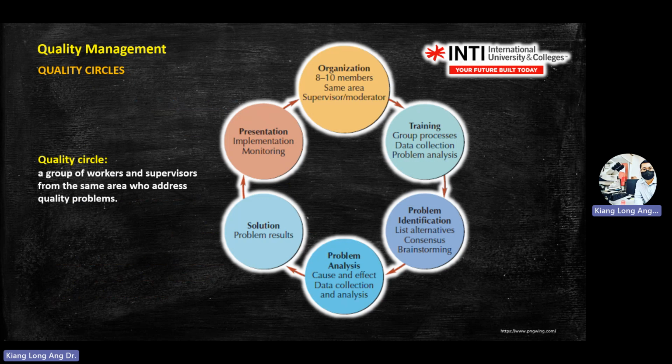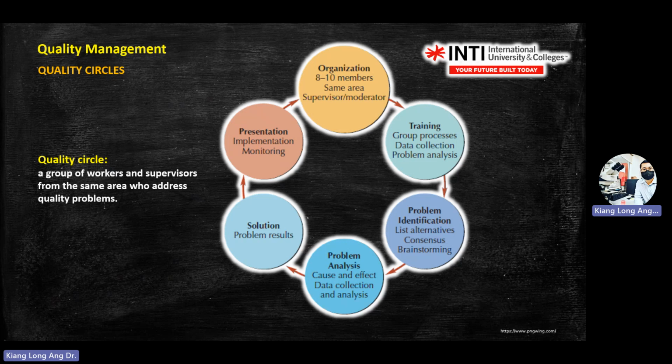Quality circle is this, the one that you see on the screen here. So what is a quality circle? It refers to a group or team of workers and supervisors formed in the same area to address, that means to solve, quality problems.